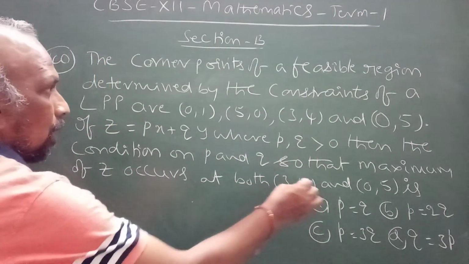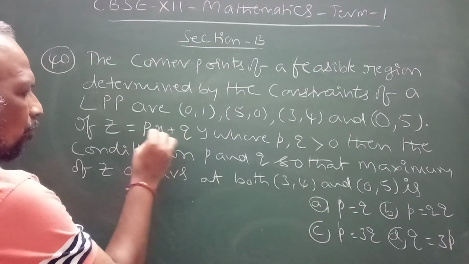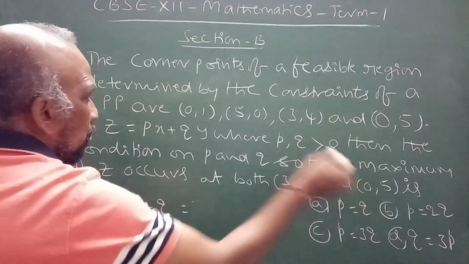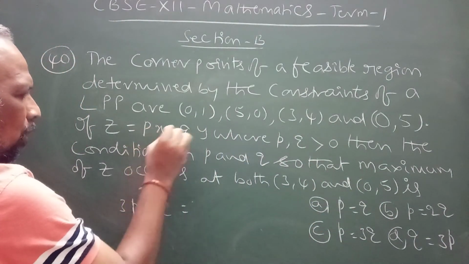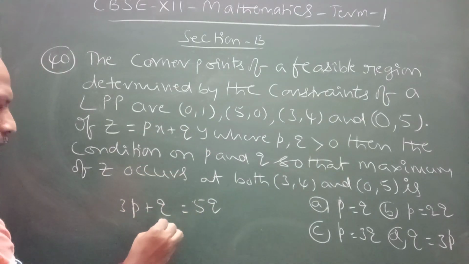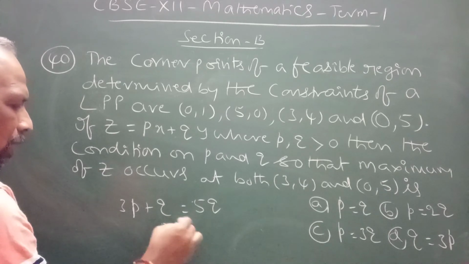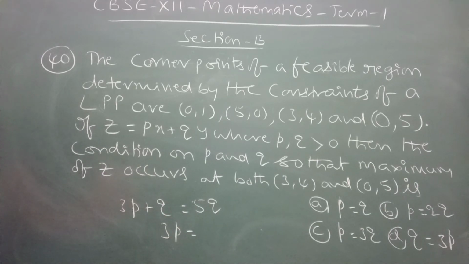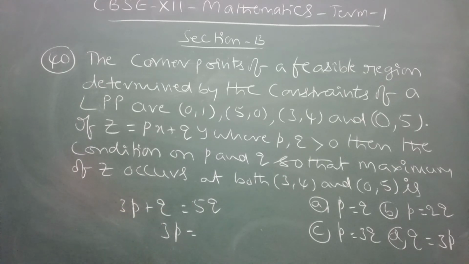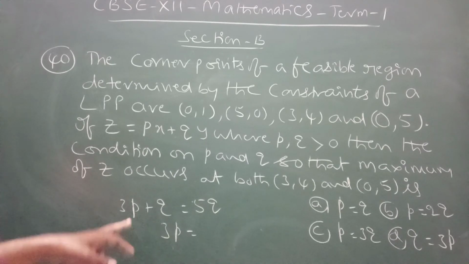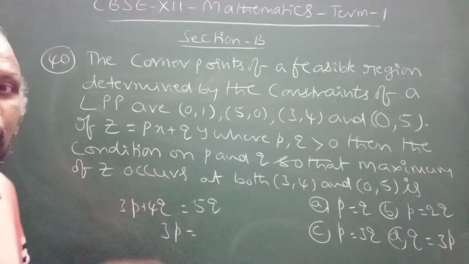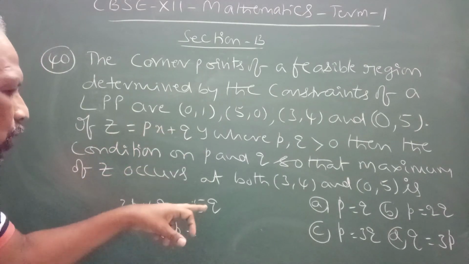If we take the value at 3, 4, that will be 3p plus 4q, equal to the value at 0, 5, which is 5q. Substituting the point 3, 4, I get 3p plus 4q is equal to 5q.